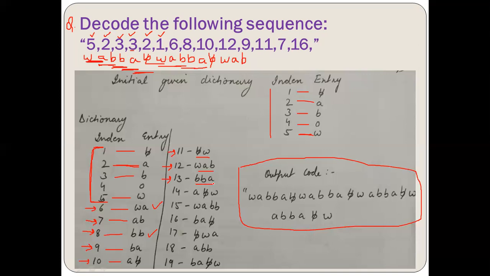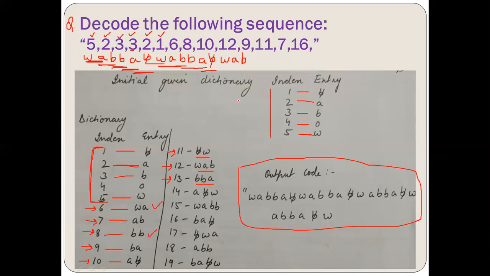Okay. Now what we can see here is one more thing. BBA we have defined here. And then we have A, BBA we have seen already there. Then we have A, B bar. A, B bar is already there at 10th position.